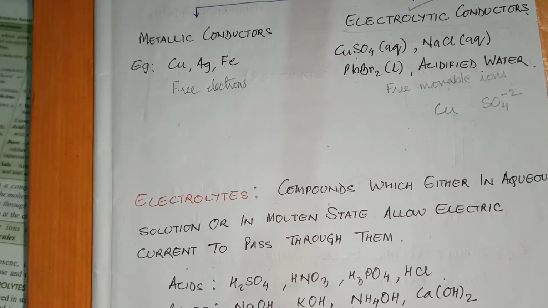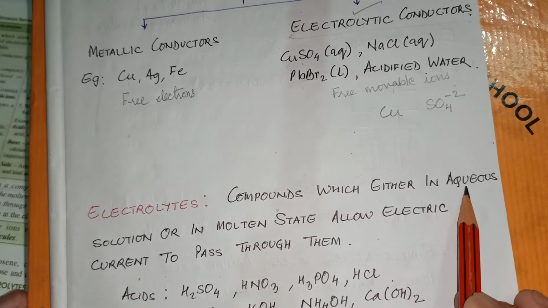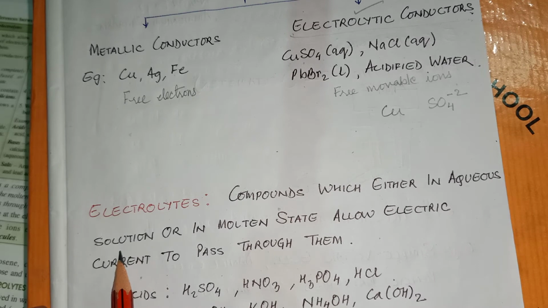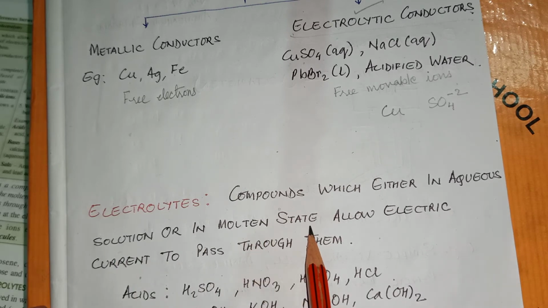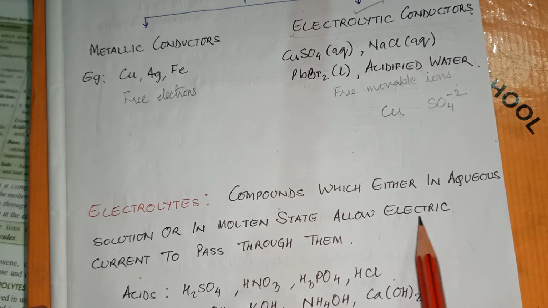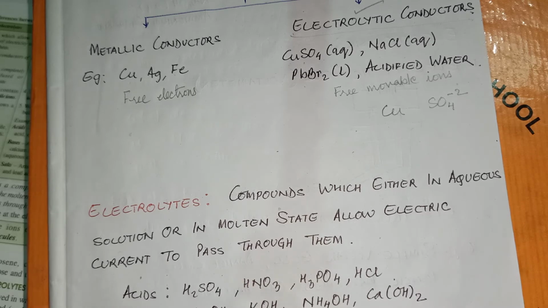And electrolytes are those compounds which, either in aqueous solution or in molten state, allow electric current to pass through them. So any substance which in its aqueous state or molten state allows electric current to pass through it is called an electrolyte or electrolytic conductor.